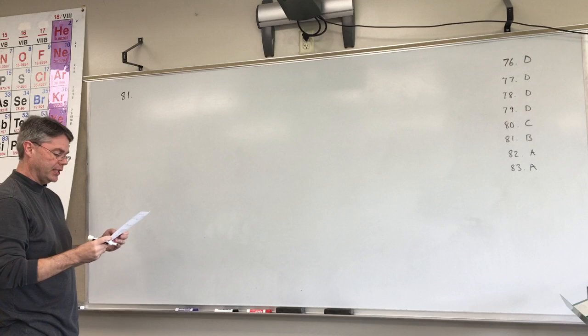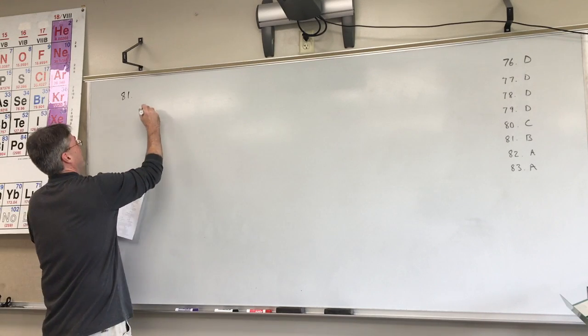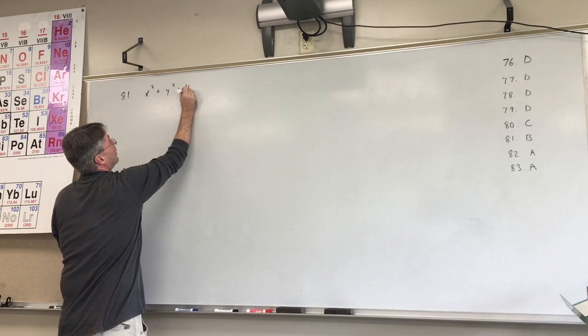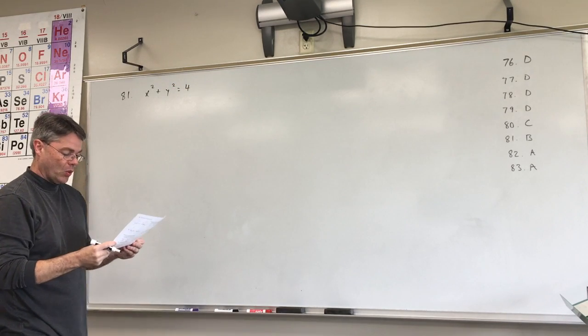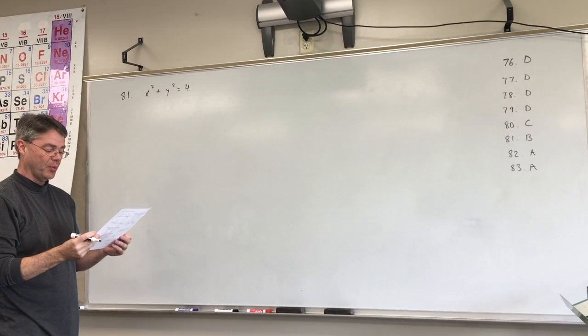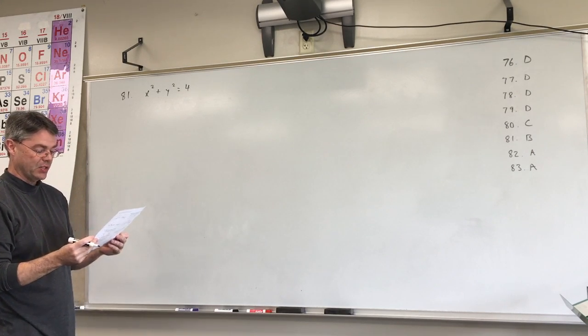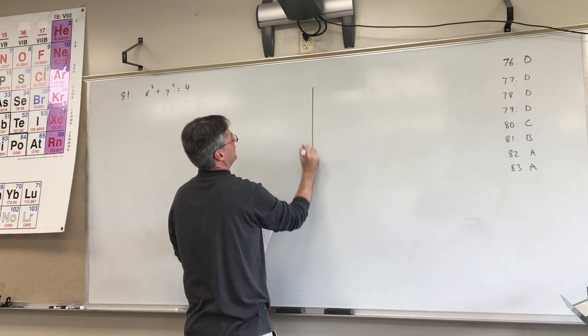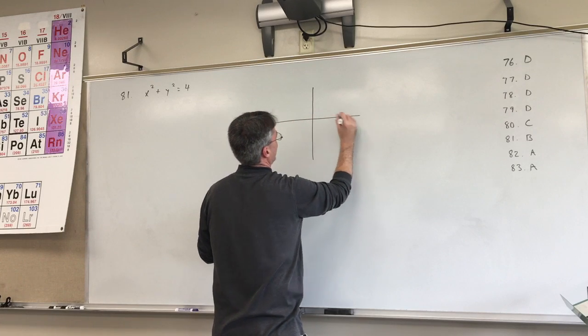The base of a solid is enclosed by the circle x squared plus y squared is equal to 4. What is the approximate volume of the solid if the cross sections of the solid perpendicular to the x-axis are semicircles? Okay, this one's a little on the tough side, but it's doable.